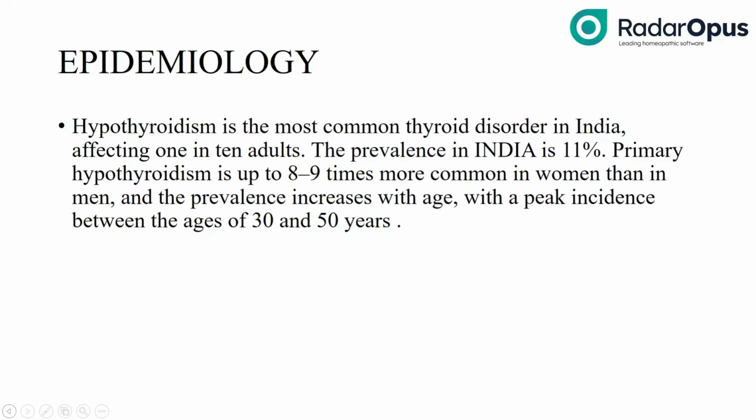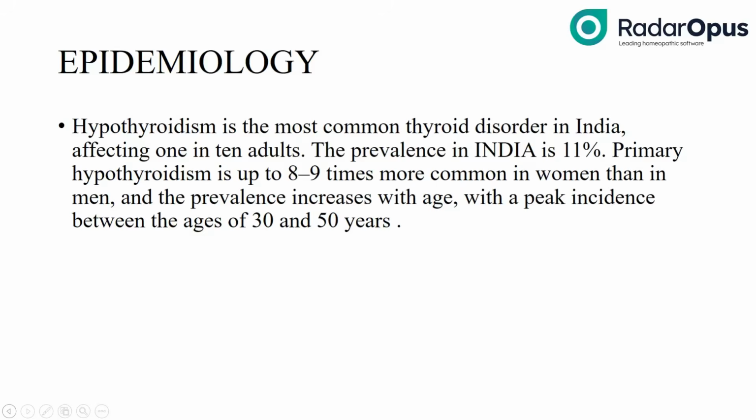Hypothyroidism is up to 8 to 9 times more common in women than in men, and the prevalence increases with age, with a peak incidence between the ages of 30 and 50 years. So it mostly affects people between the ages of 30 to 50 years and is most commonly found in women.